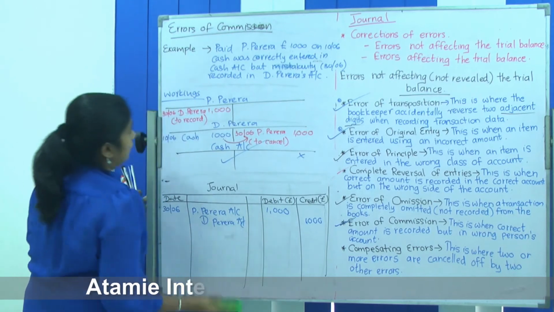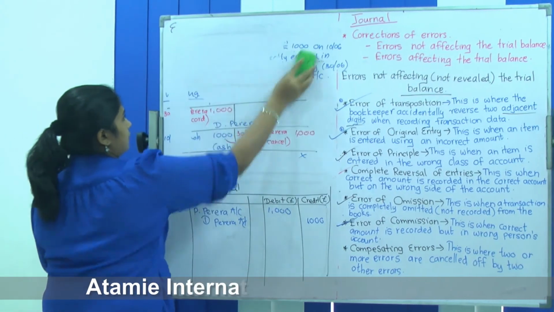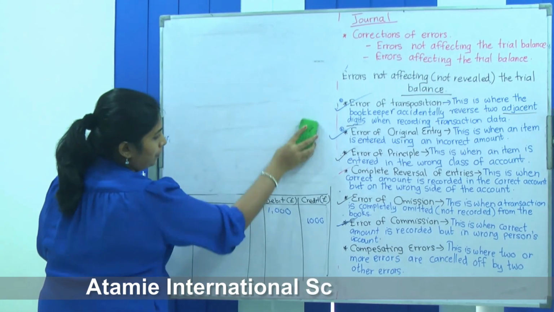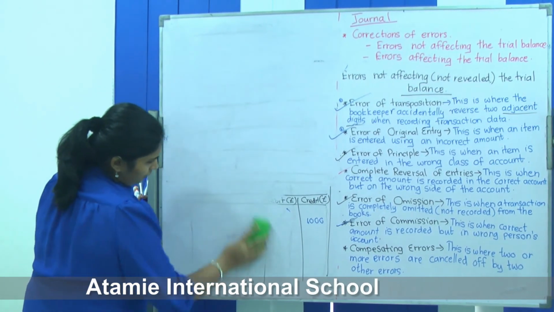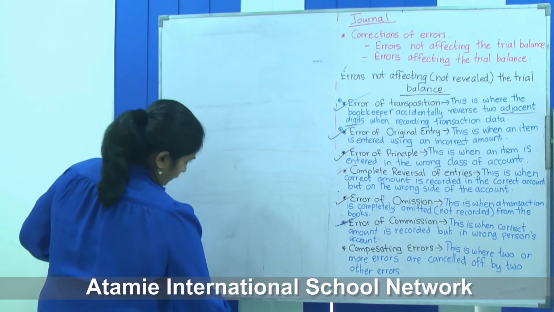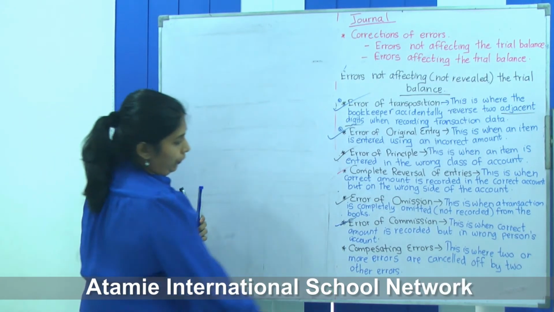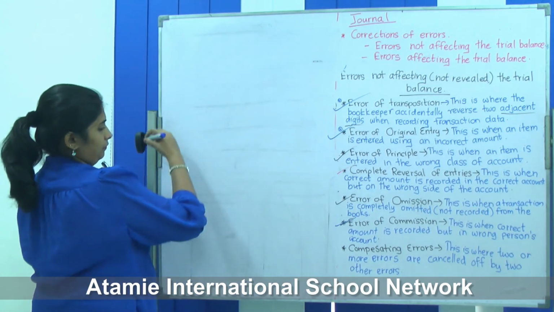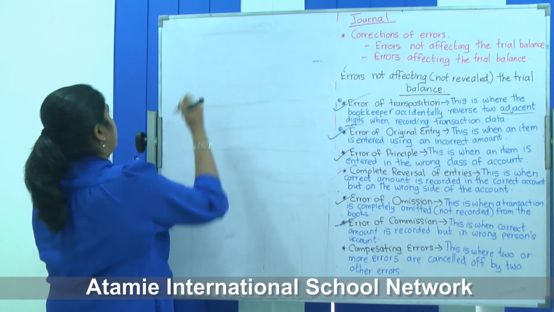Then our last error is compensating errors. Compensating errors occur when two or more errors are set off or cancelled off by two other errors.